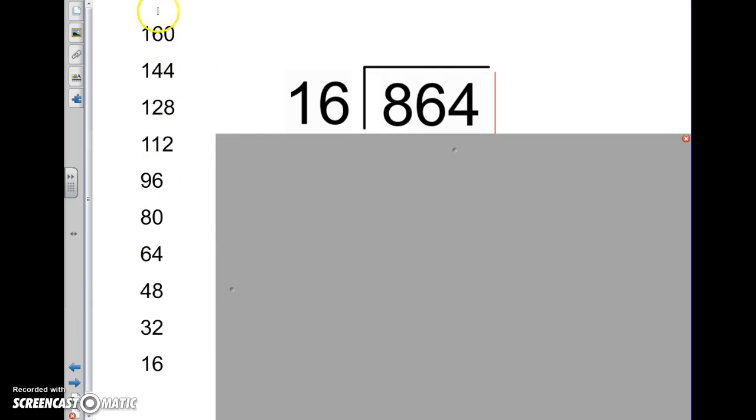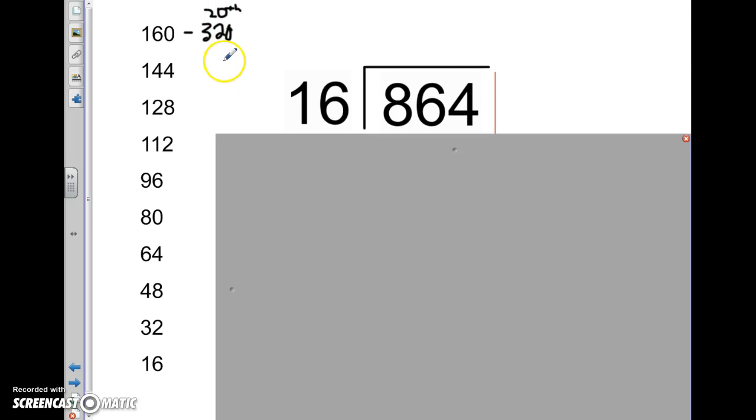If I know that the 10th multiple of 16 is 160, then I know the 20th multiple would be twice as much, right? 20 is twice as much as 10. So twice as much as 160 would be 320, right? That's twice as much. So this would be the 20th multiple by doubling my 10th multiple.